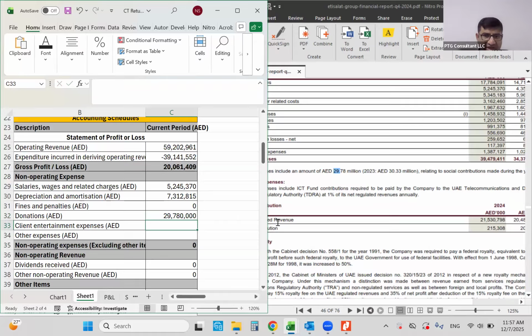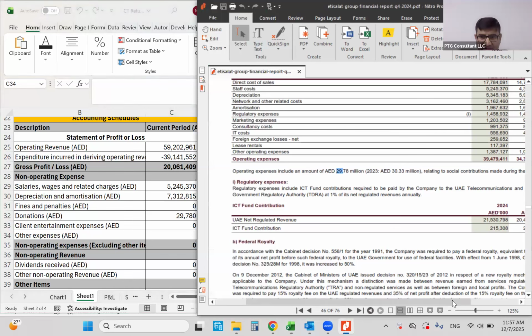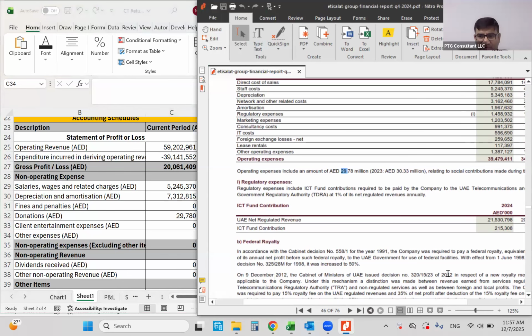We are not writing the last 3 digits; all the figures are in the same fashion. So it will be 29,780. Now, the client entertainment, I think you already said something previously, but below they mentioned the pay to federal royalty something also.